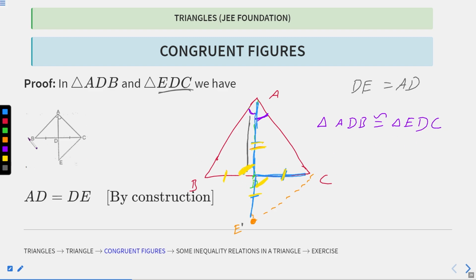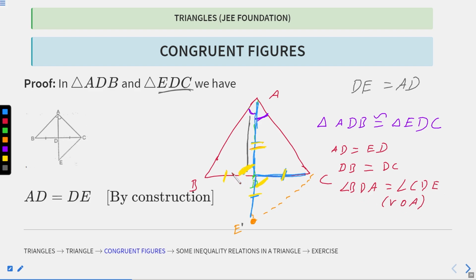ED to C, because AD is equal to ED by construction, and DB is equal to DC because this AD line bisects my BC base, and angle BDA is equal to angle CDE because they are vertically opposite angles.